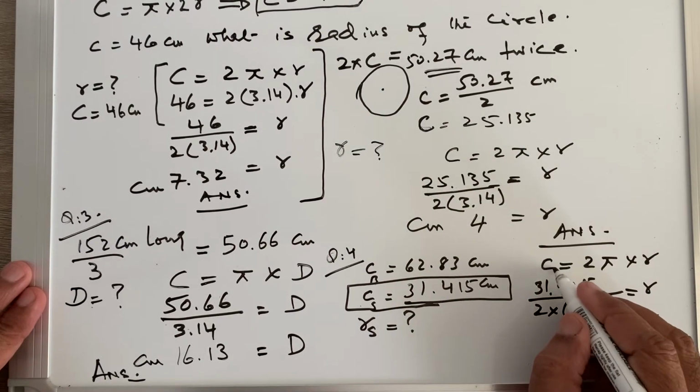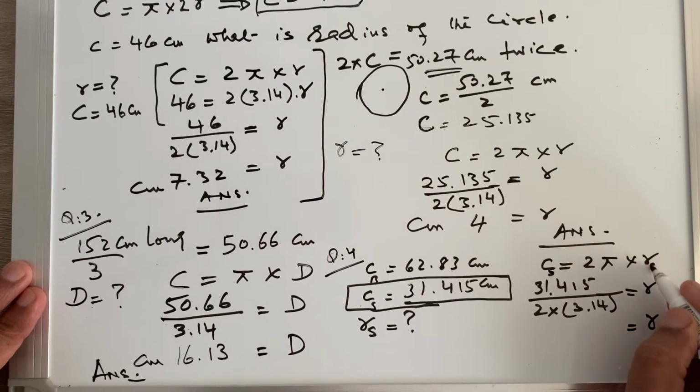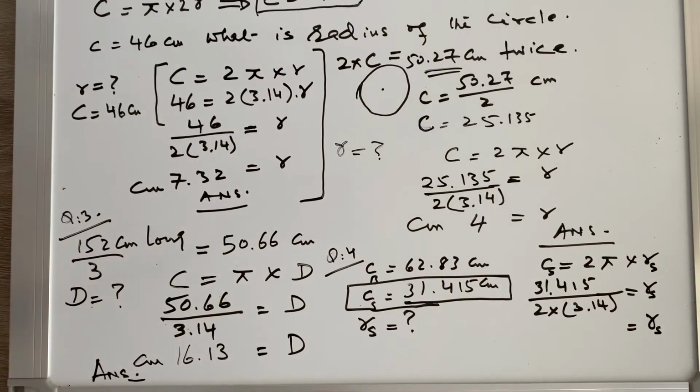So I will say circumference of the small circle and the radius of the small circle with the subscript s, and then I'll solve this for the answer: 31.415 divided by 2 divided by 3.14, and that is equal to 5 centimeter, right?